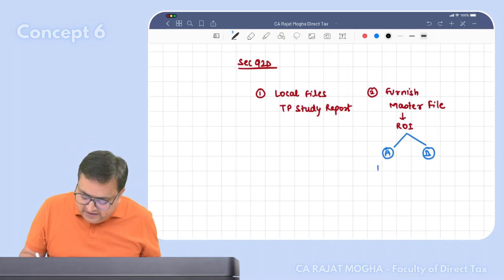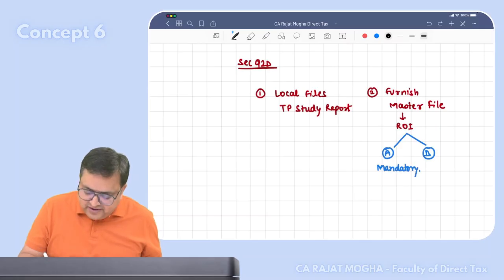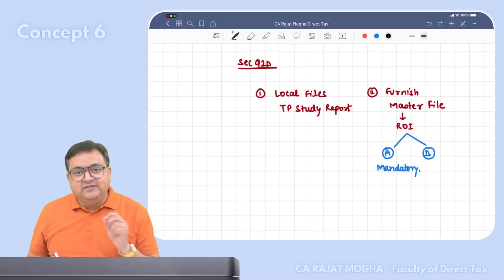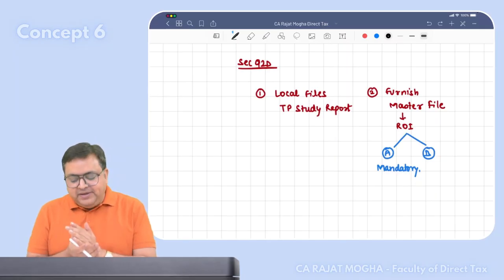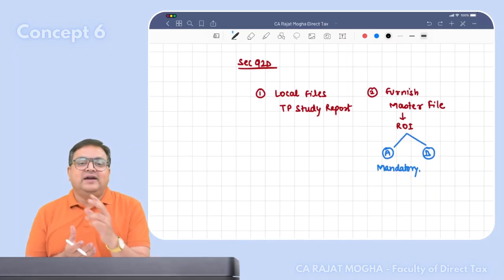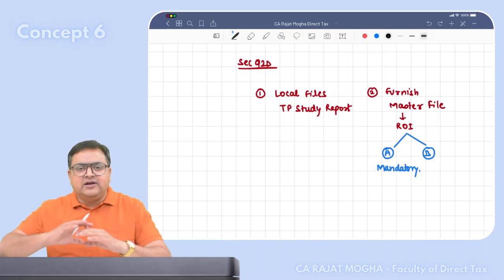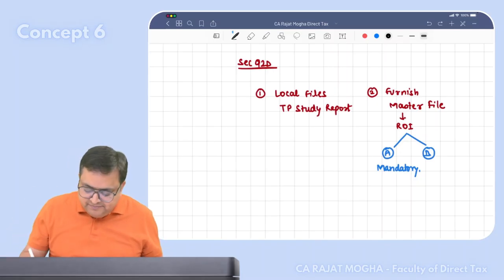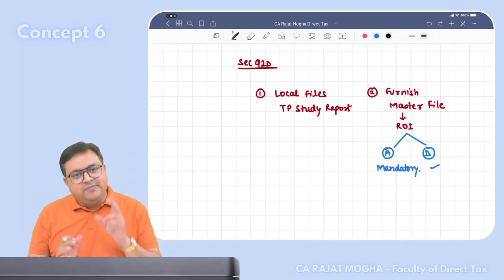Master file Part A is mandatory, that you have to furnish with the return of income. Part B, if you satisfy certain conditions, if you are part of a big international group, then Part B would be required. Otherwise, Part A is mandatory.